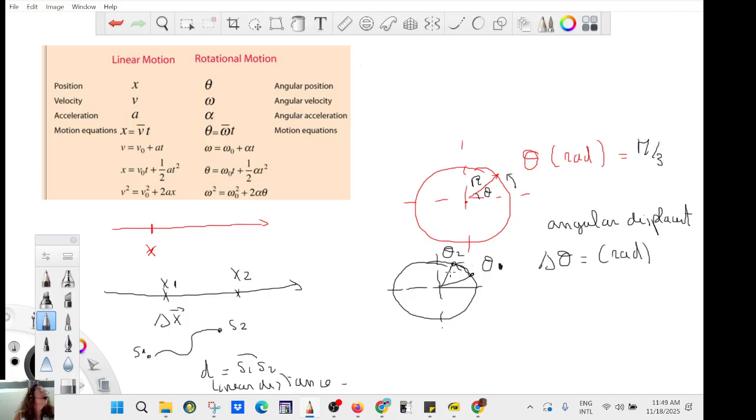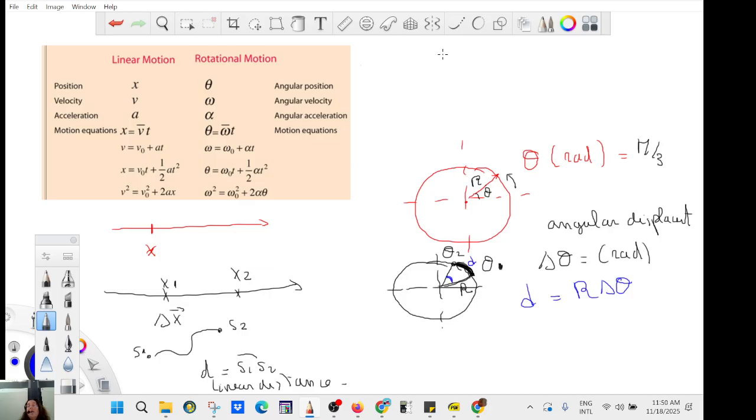So far, so good. Between here and there, this is the radius r. This distance here is linear, so I'm going to call that d. That distance is r times this angle there. We already did that, right?